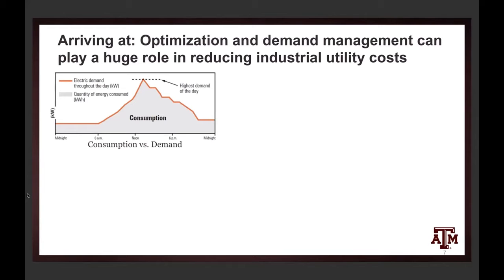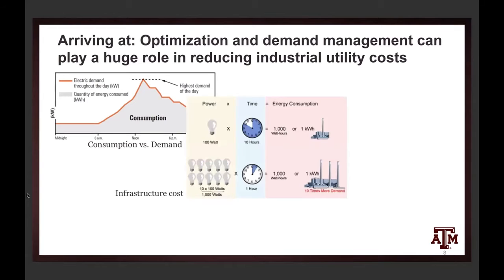And as many of you may know as well, at least at the industrial level, facilities get charged for both consumption and demand. And within demand, they get charged for their maximum monthly 15-minute average, right? Why would utilities do this at this level, at least at the industrial scale?